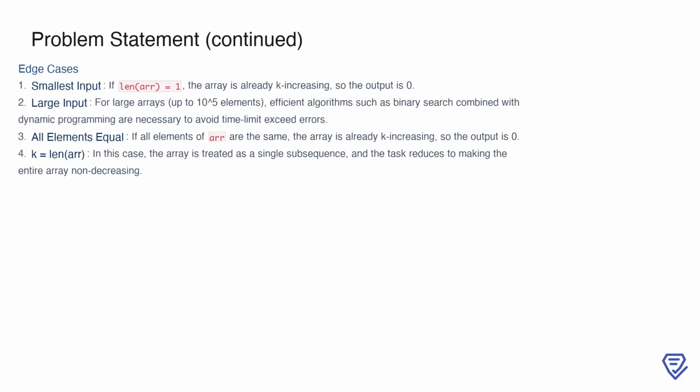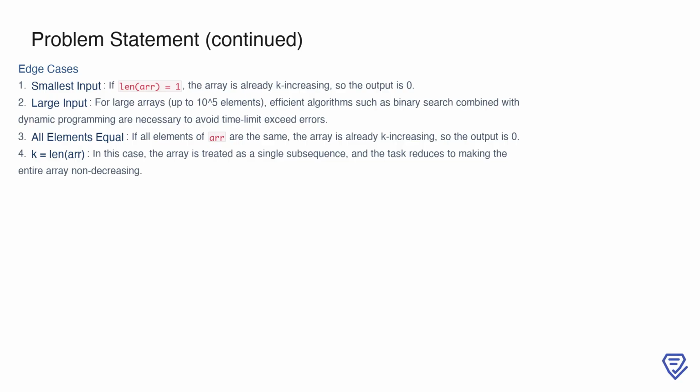When solving this problem, it's essential to consider various edge cases. For instance, if the array has only one element, it is already k-increasing, and no operations are needed, so the output is 0. For large arrays with up to 100,000 elements, efficient algorithms are necessary to avoid performance issues. Techniques like dynamic programming combined with binary search can help achieve this.